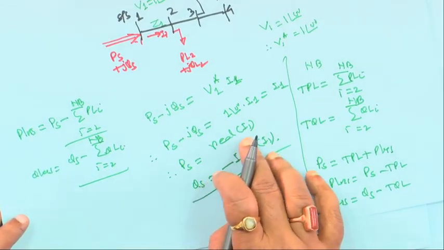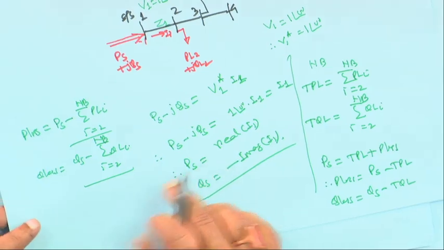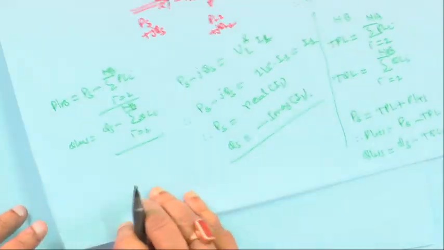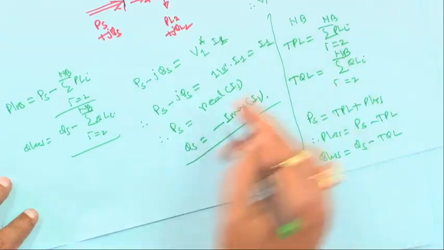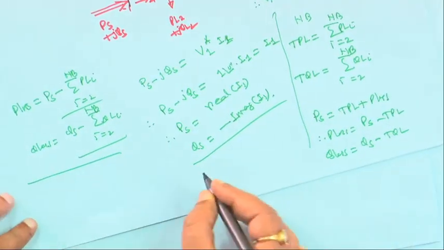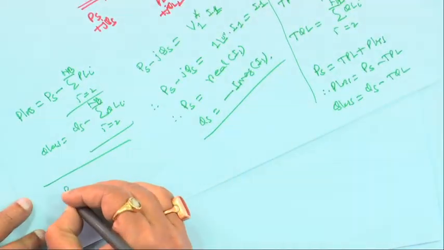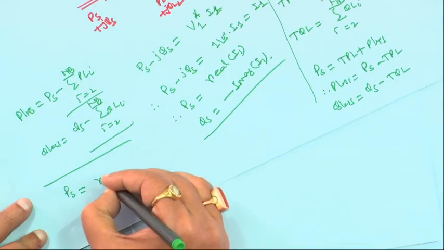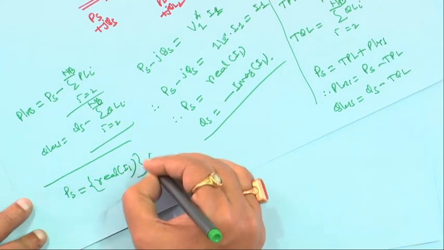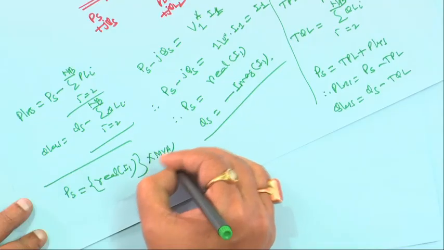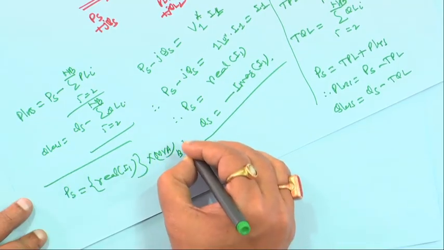Whatever you get for PS or loss, everything is in per unit. You have chosen a 100 MVA base, so as soon as you multiply PS, which is the real part of I1, by the MVA base, it will be in megawatts.